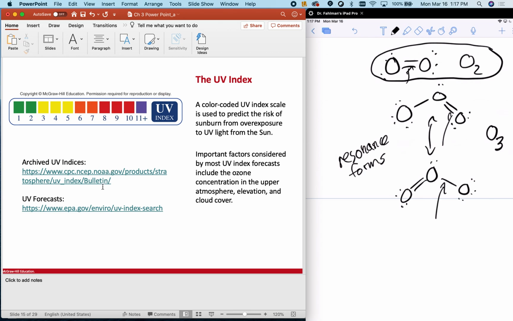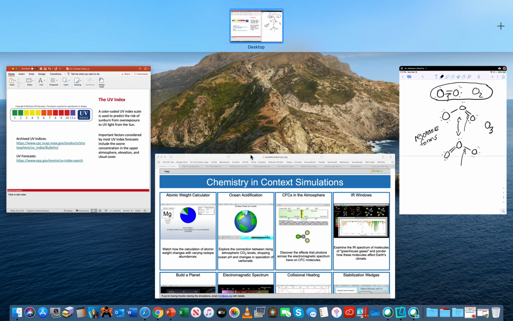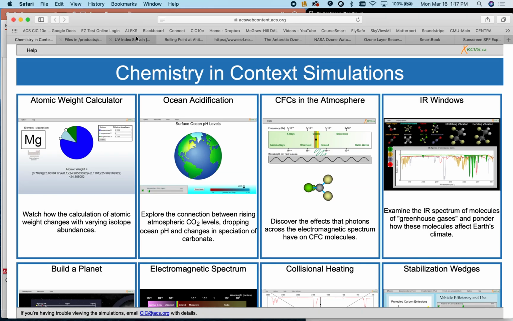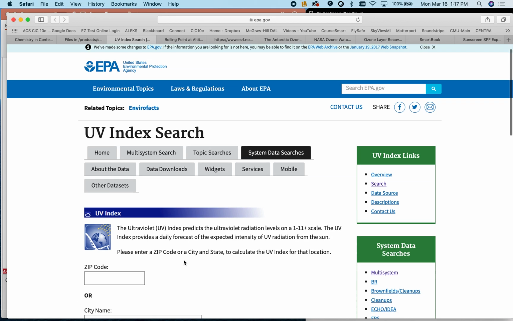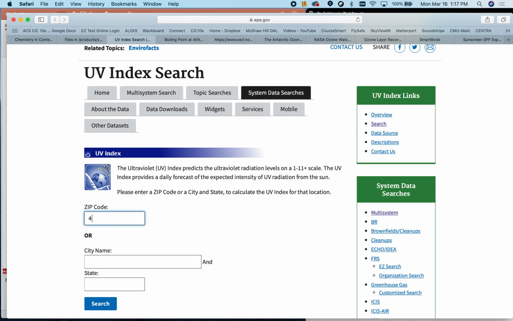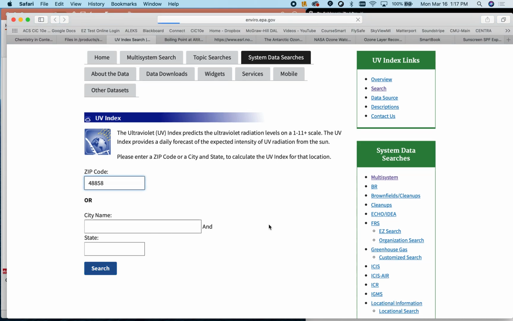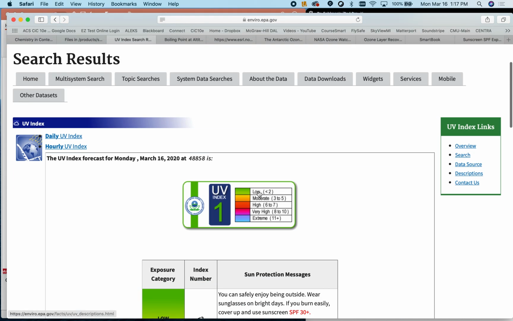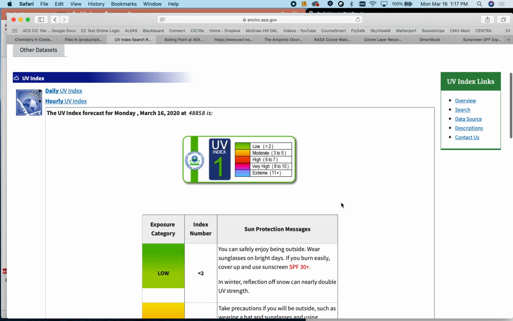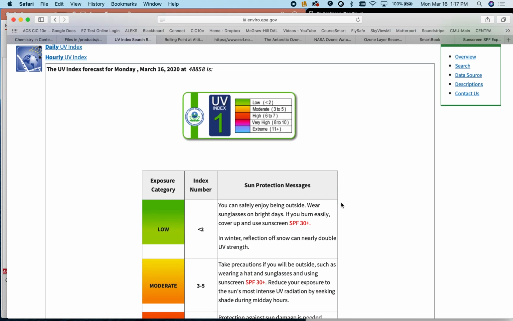There's a couple websites that I have bookmarked here. You can look at current ones. So if we look at today here in Mount Pleasant, yep, it's a 1. So you don't have to do really anything, except it warns you that even though it could be low, reflection off of snow can double the UV strength.